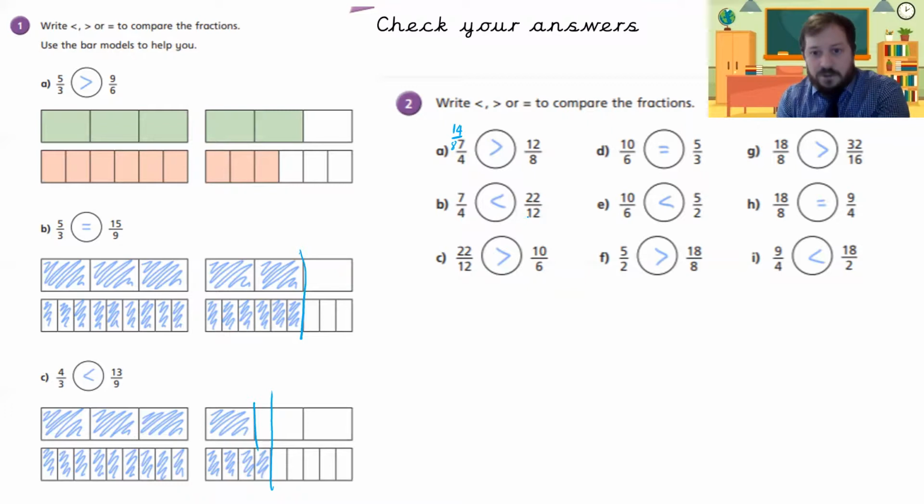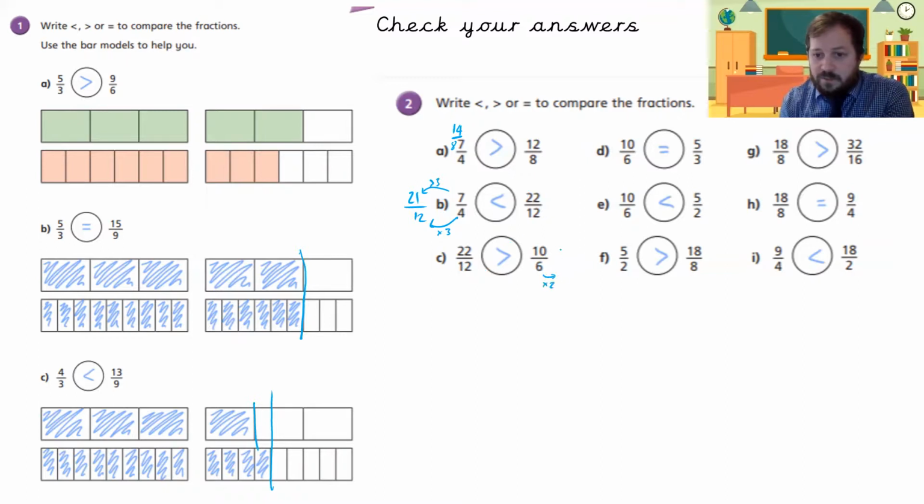4 goes into 12, and it's timesing by 3. So I must times the top by 3, which is 21. That means 21 versus 22. 22 is larger. 12 and 6 can be changed into 12s by timesing by 2.